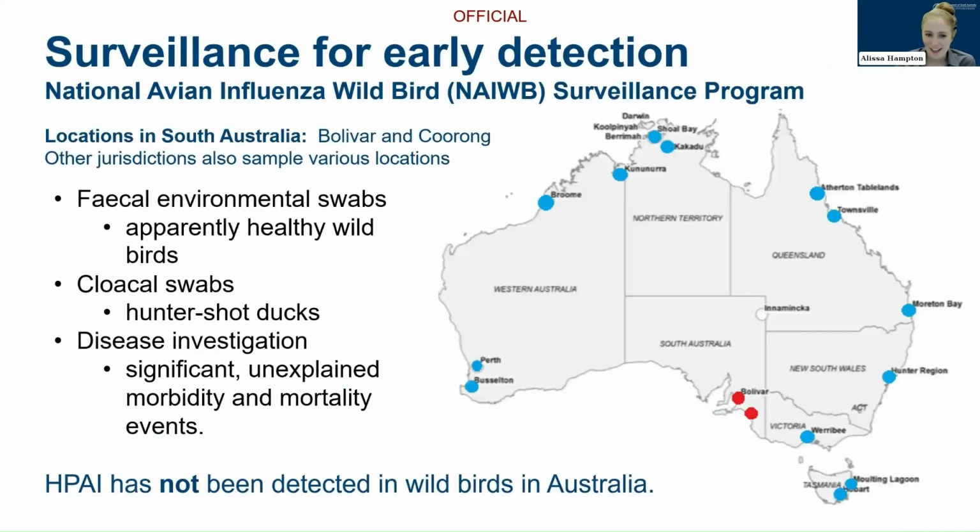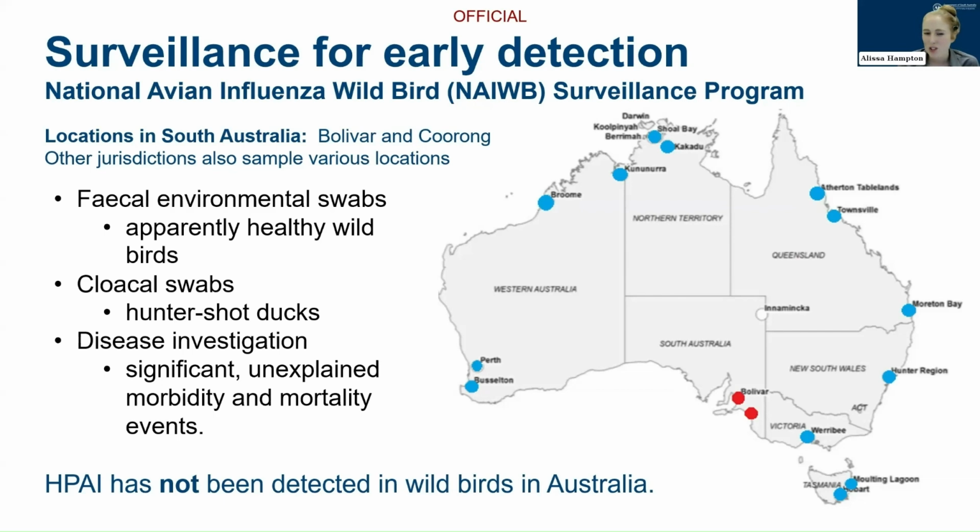As we just said, LPAI is present in Australian wild birds, and the presence of the virus and which subtypes are appearing in our wild birds is monitored through national programs. Most of the samples that we collect are from wild bird feces at Bolivar wastewater treatment plant, where ducks and migrating shorebirds all aggregate together.